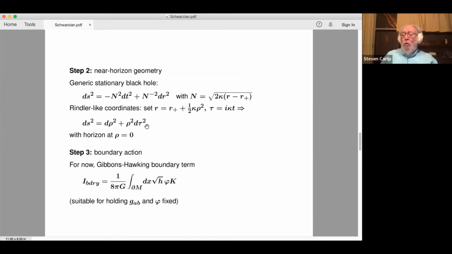There is also an approximate symmetry coming from the fact that the expansion at the horizon is 0, which means that if you move slightly off the horizon, to lowest order, a lot of things don't change.